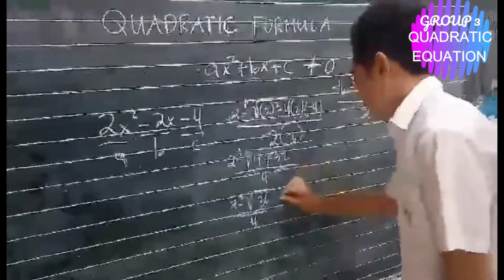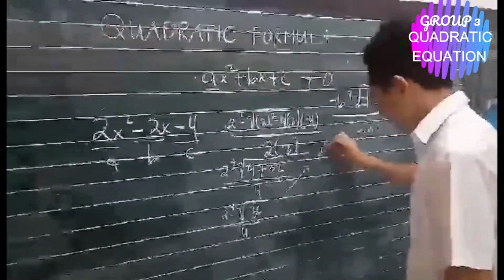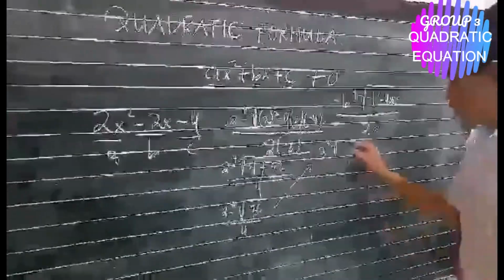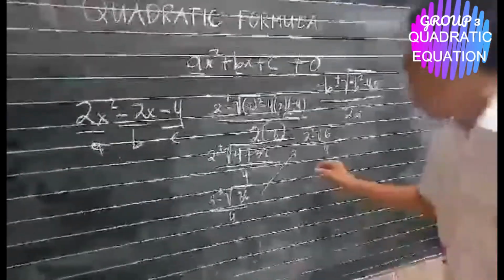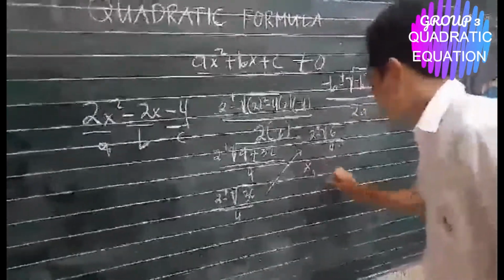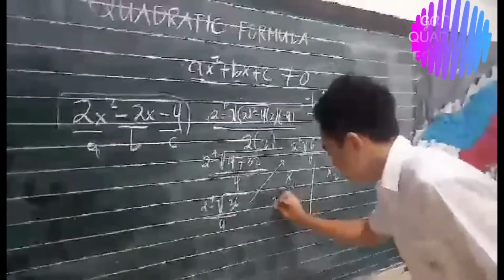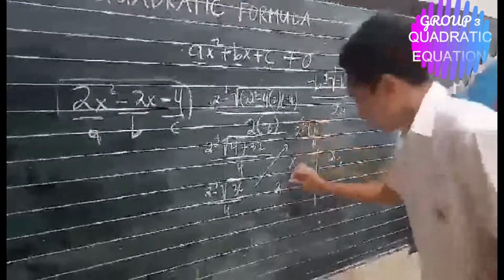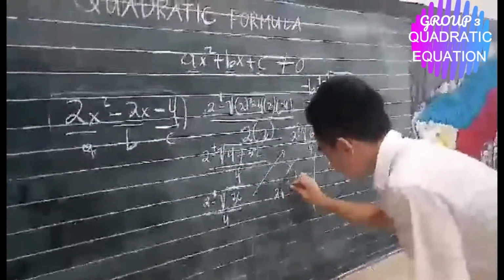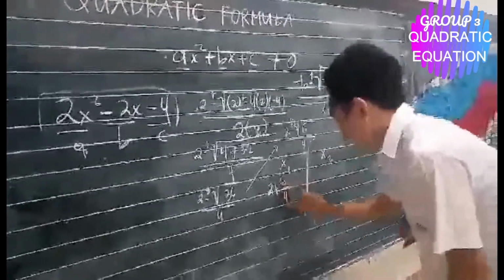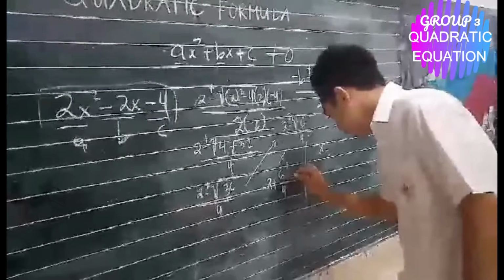And going here, 2 plus minus the square root of 36 is 6. And just copy 4. And now we're going to break this into 2, the x sub 1 and the x sub 2. Our x sub 1 is 2 plus this 6 over 4, which you're going to simplify by 2.